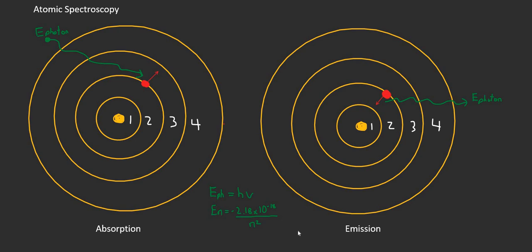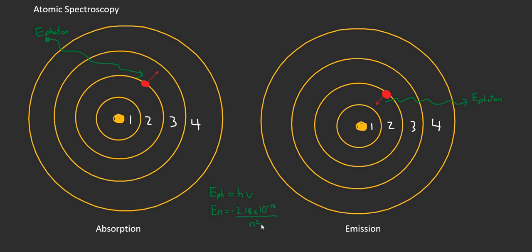So Niels Bohr did a lot of work with absorption and emission, and he determined this equation here could be used to determine the energy associated with energy levels. And we'll see this when we want to calculate wavelengths associated with photons in both the absorption and emission processes and the energy associated.